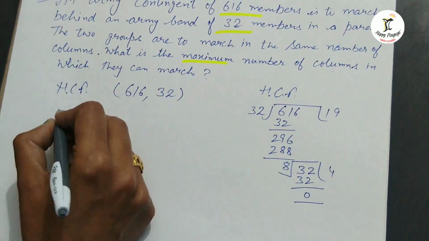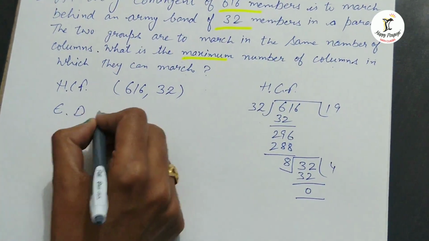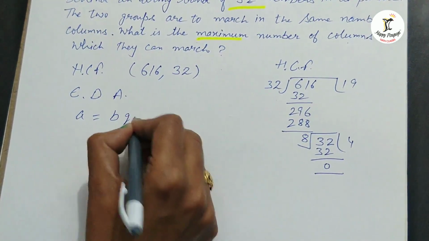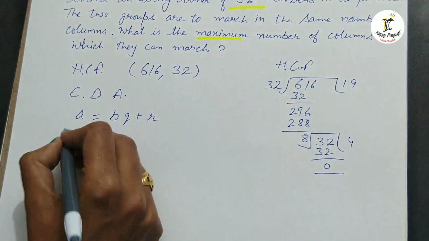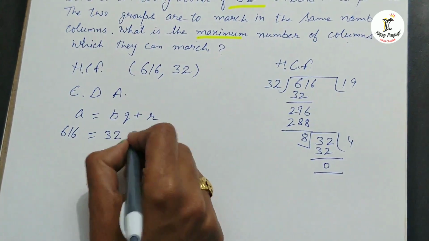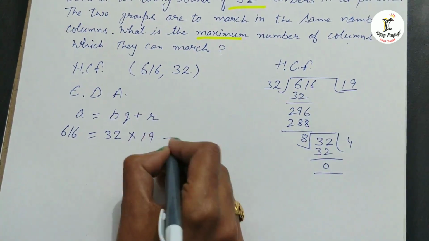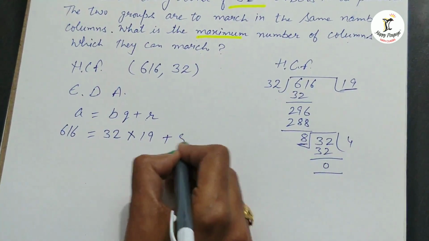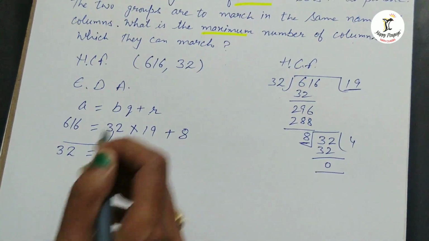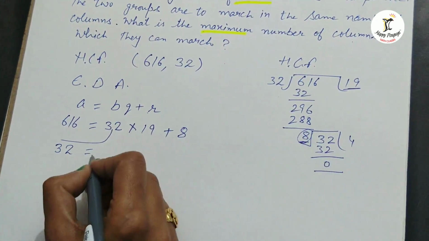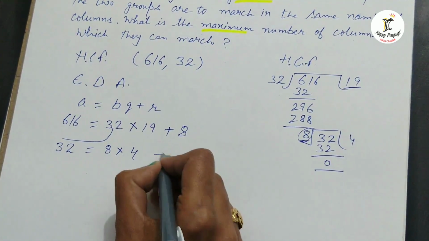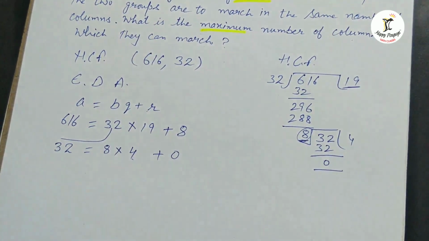Now proceeding with Euclid's division algorithm, we have to find a is equal to bq plus r, where our a is 616, b is 32, q is 19 and r is 8. Proceeding to the next step, a is 32, b is 8, q is 4 and r is 0.